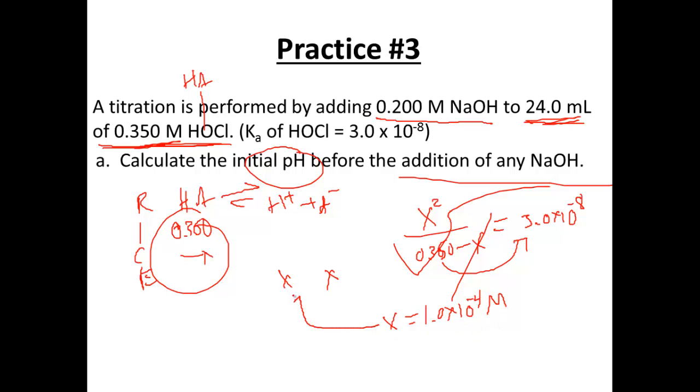And this X here equals H+, so this is the molarity of H+. And then by taking the negative log of this, we can find the pH, and the pH is approximately 3.99. Alright, so our initial pH of our weak acid is 3.99 before we add any sodium hydroxide.